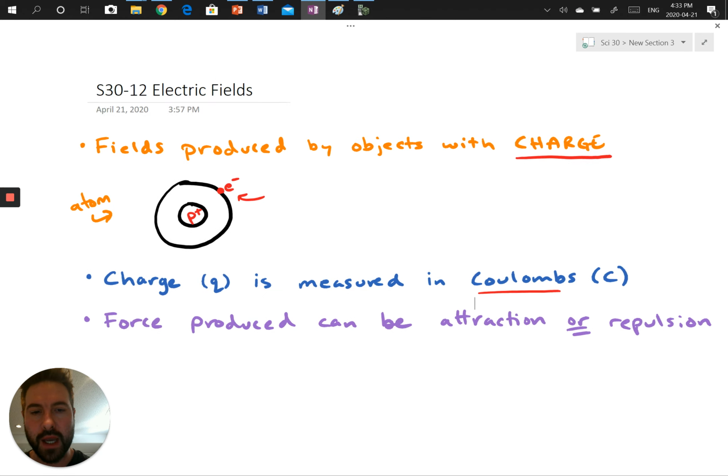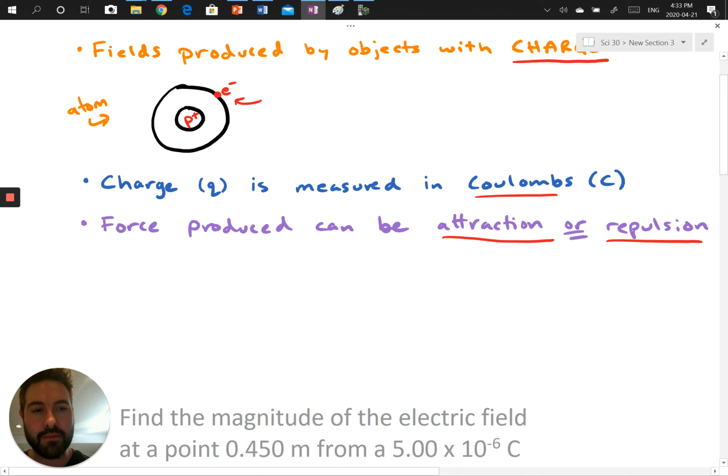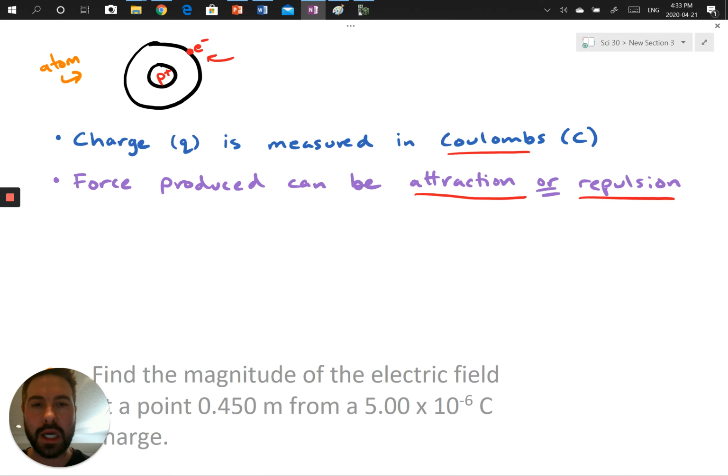The big difference between a gravitational field and an electric field is that in an electric field, the force that's produced can be attraction or repulsion. With gravitational fields, it's always an attractive force. So there's something we call the law of charges. You may have heard the saying that opposites attract, and it's exactly true when it comes to electricity.